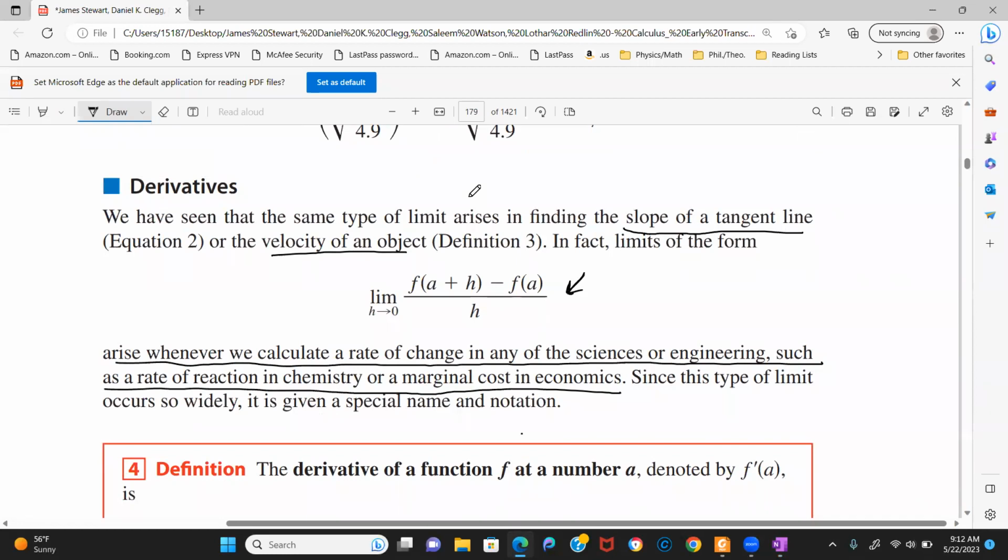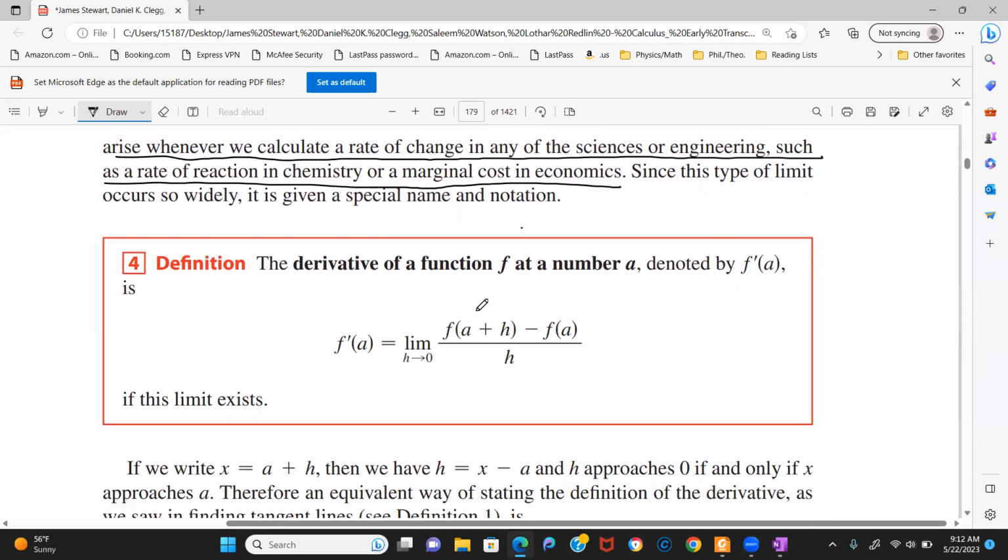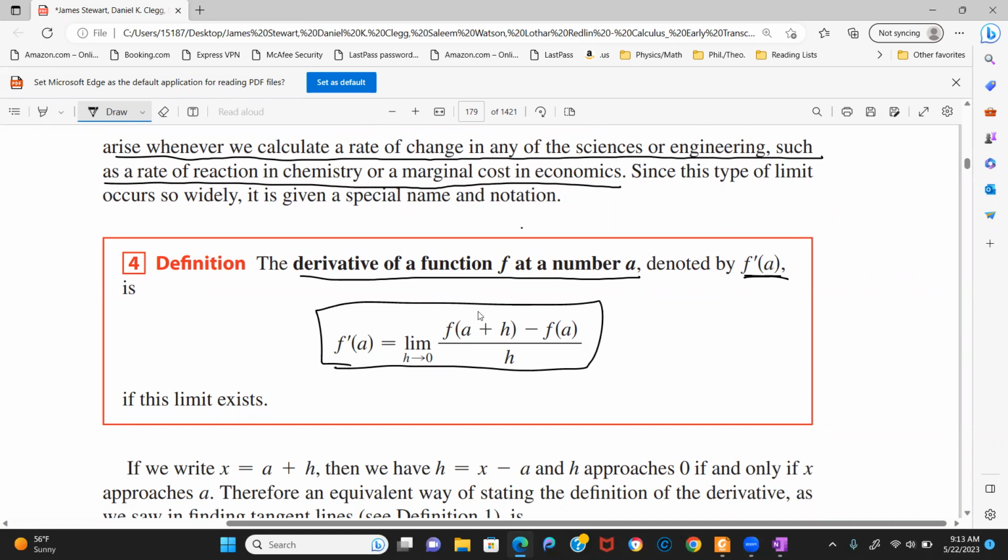So we want to be able to talk about rates of change of more general functions. And this is what's called the derivative. So you have a function f, and then you can talk about the derivative of the function at a point a, and we use this notation f prime of a, and it's defined as this limit right here, provided the limit exists. So it's going to turn out that not every function is differentiable.